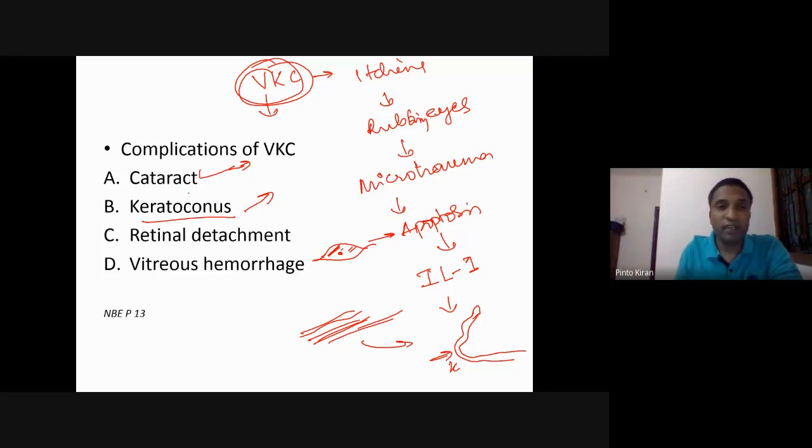But before cataract, the patient will develop glaucoma because of the steroid. So this is also ruled out. Retinal detachment, nowhere in the track here. Vitreous hemorrhage is also nowhere related here. With this, the option is keratoconus. If you know this flow chart, very simple. If you know the concept, I don't think you'll forget.